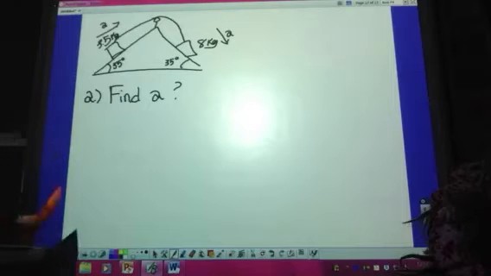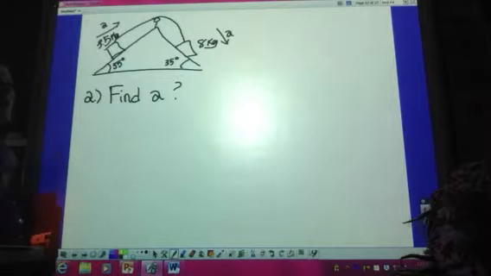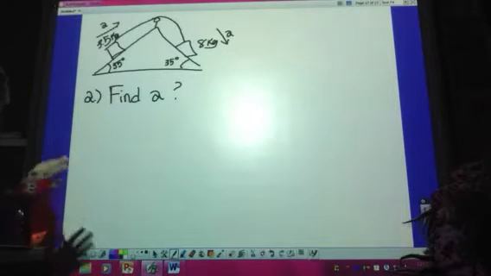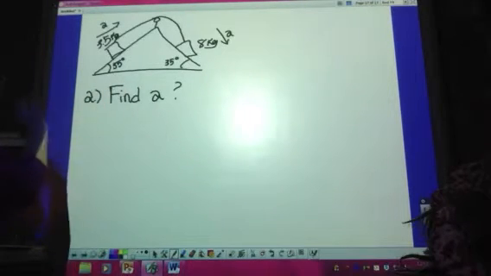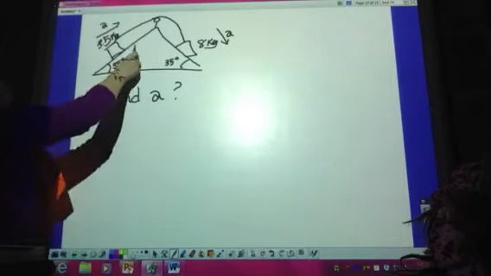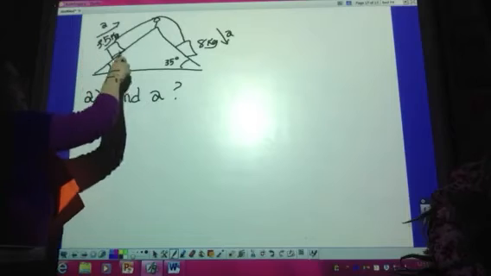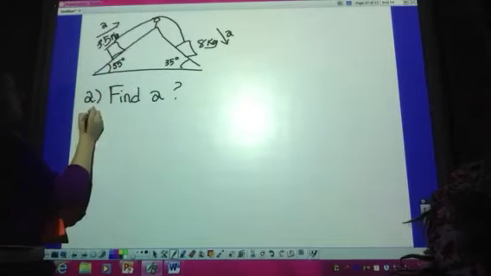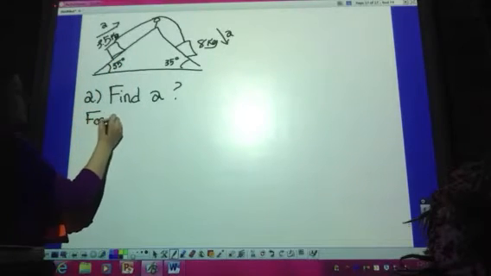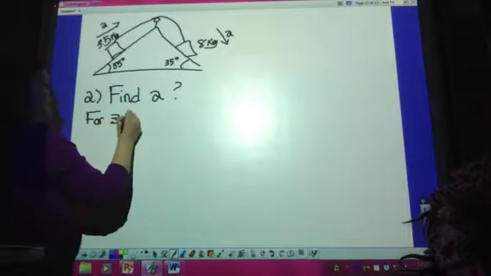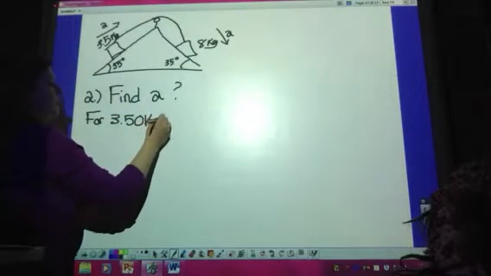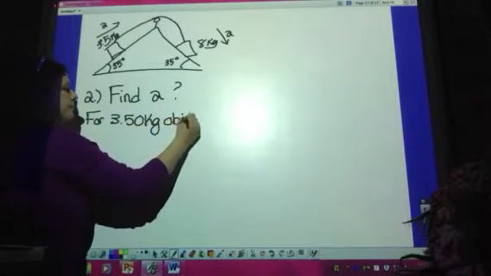Now, for an Atwood's machine, you're going to have to break it up into thinking about them as two separate objects. So I first just want to think about this 3.50 kilogram object.